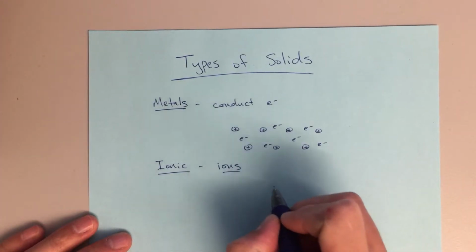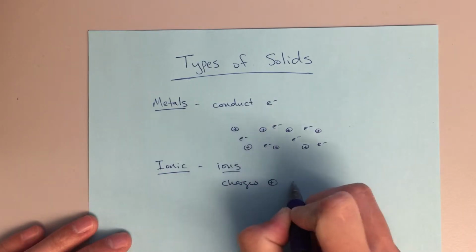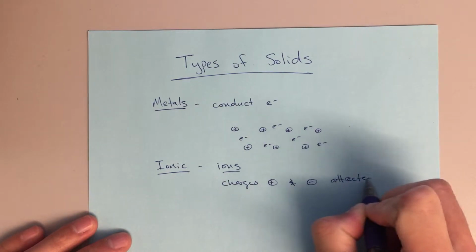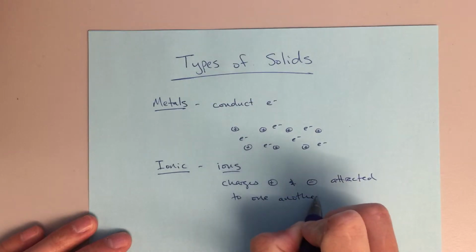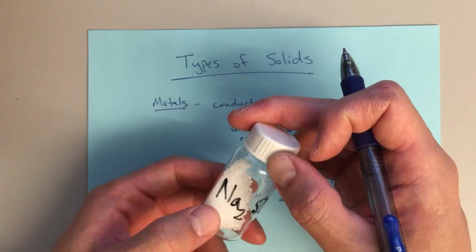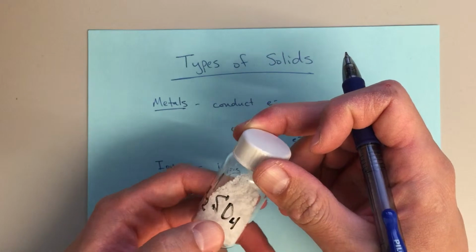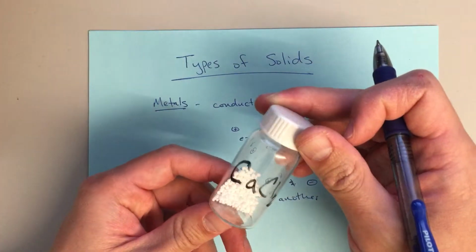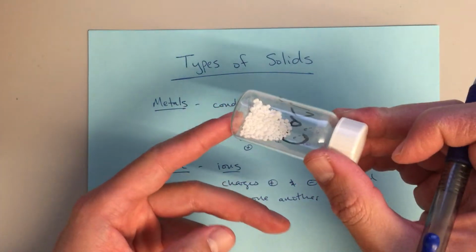So we've got ions, and these are going to be held together by charges, positive and negative, attracted to one another. So here I've got sodium sulfate, right? So Na2SO4: Na2 is my positive charged ion, and then SO4 is my negative charged ion. I've got another example here of calcium chloride, so Ca2+ and Cl-.